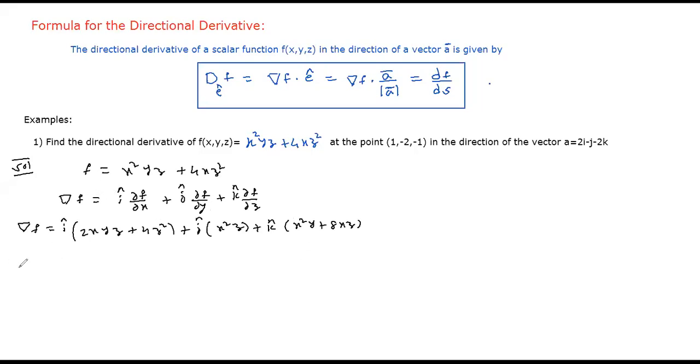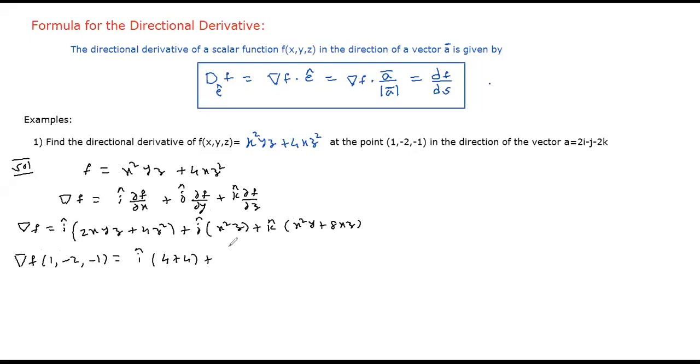So what is the gradient? At what point do you want the gradient? You want it at the point 1, minus 2, minus 1. So substitute here. What do you get? 2xyz gives minus 4 and 4z square gives 4, so minus 4 plus 4.